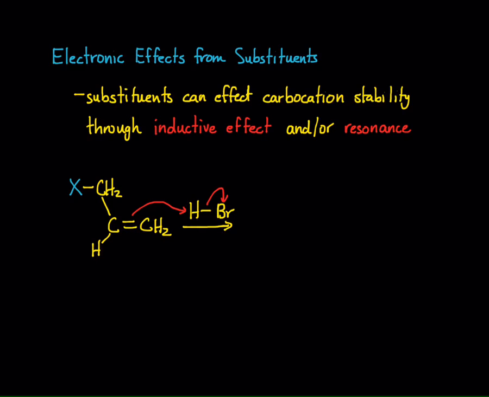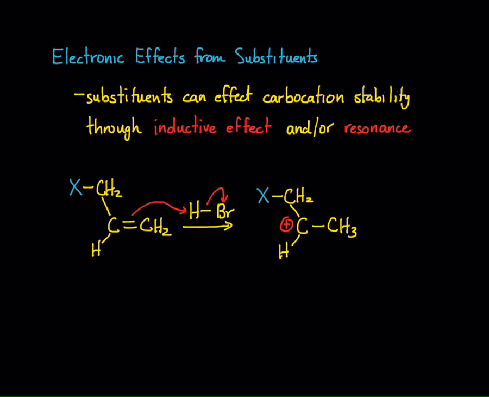We're going to assume that HBr is going to add, and because that carbon has both inductive effect and hyperconjugation, that allylic carbon is going to stabilize somehow the carbocation, and we're going to get this carbocation. So hydrogen goes to the carbon on the right, and the carbon on the left becomes a carbocation.